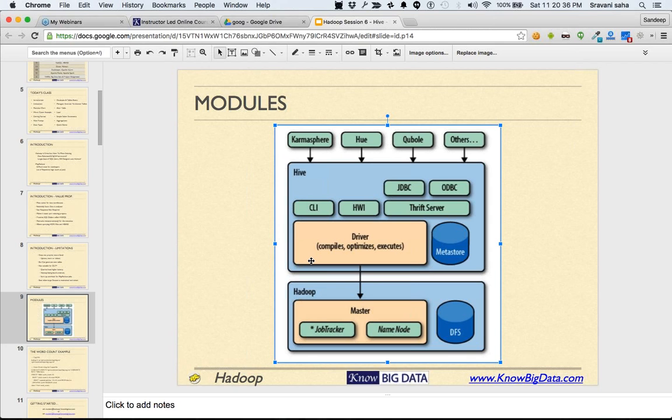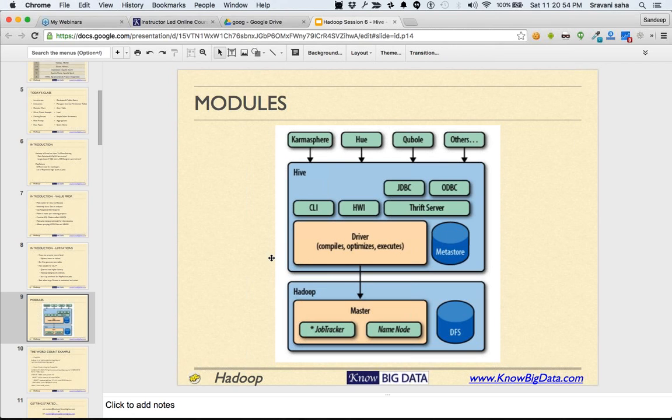It talks to the Metastore, and sometimes the driver directly talks to DFS. Specifically, if you are not using any where clause, you are just saying select star from my table, in those cases it doesn't have to go through the full MapReduce cycle. Instead, it can directly talk to the file system and print the data.